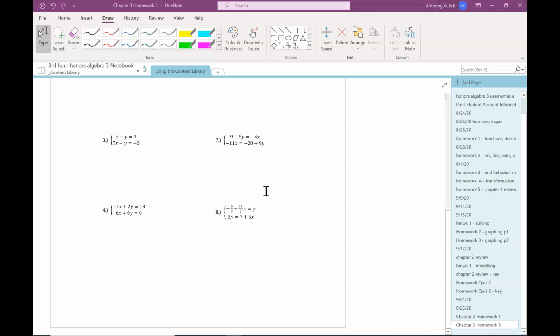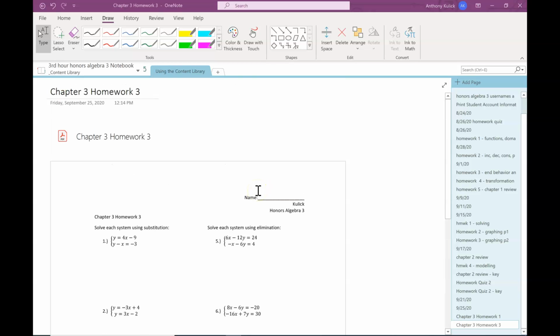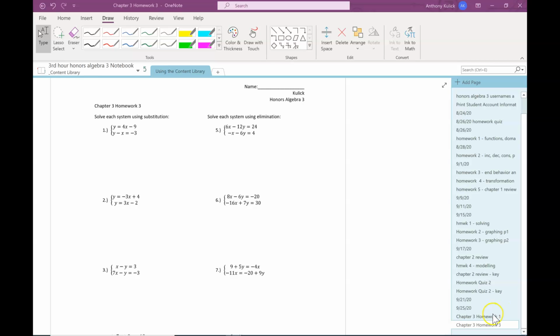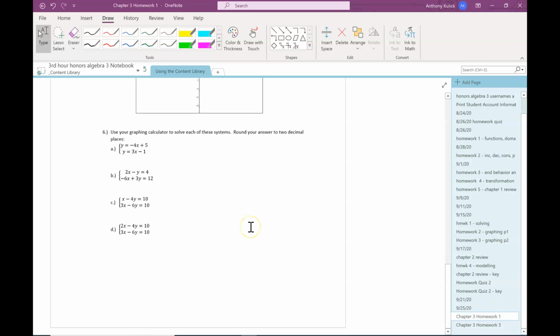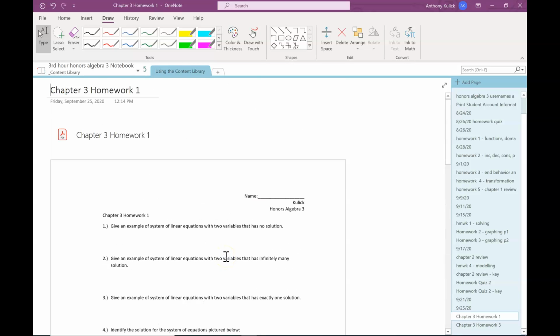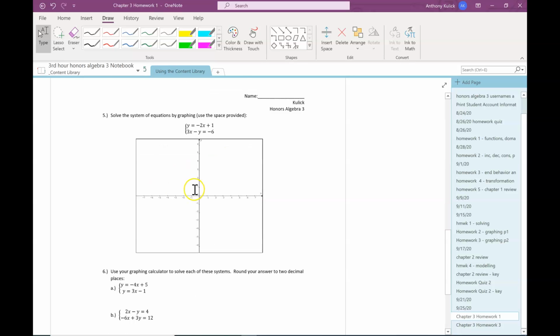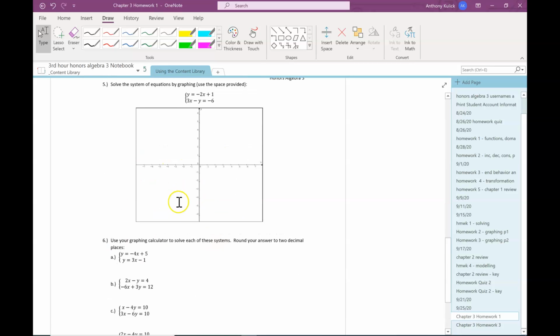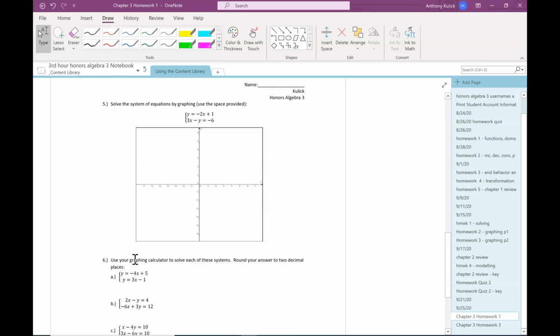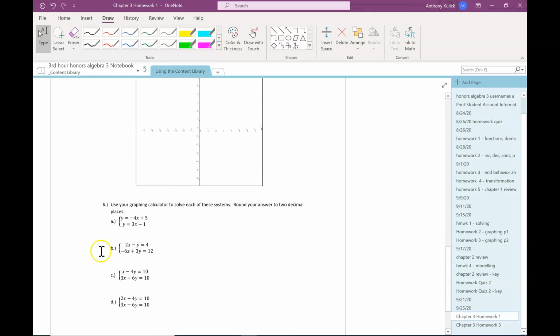So for Sunday's homework check, you have homework 1, which is just some graphing stuff. That again is something where you'll answer some questions. And for problem 6, you can do this all on your calculator.